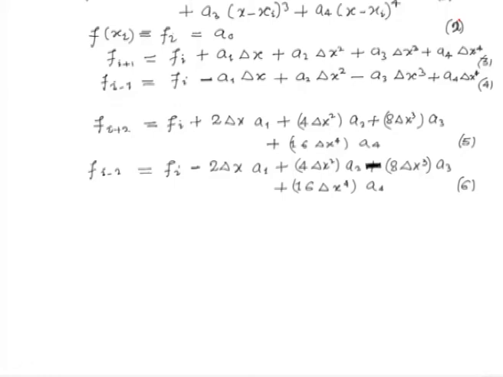Now let's have a look at equations 5 and 6. Let's add them together. So add equation 5 and equation 6. What do we get? f of i+2 plus f of i-2 is equal to 2fi.